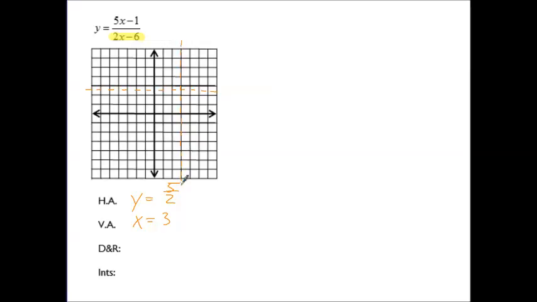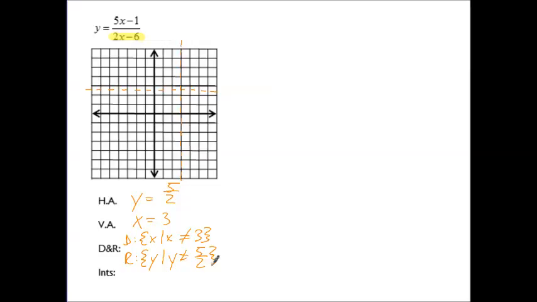That also determines our domain and range. The domain is x such that x is not equal to 3, and the range is y such that y is not equal to 5/2. Let's find our x and y intercepts.